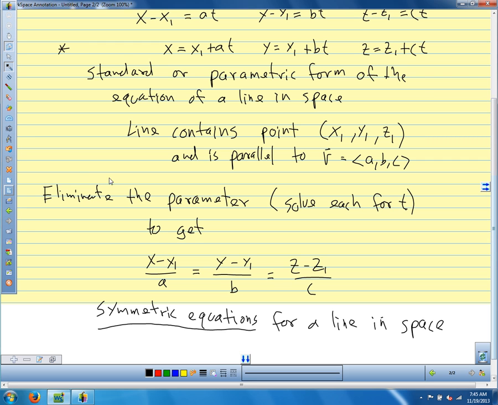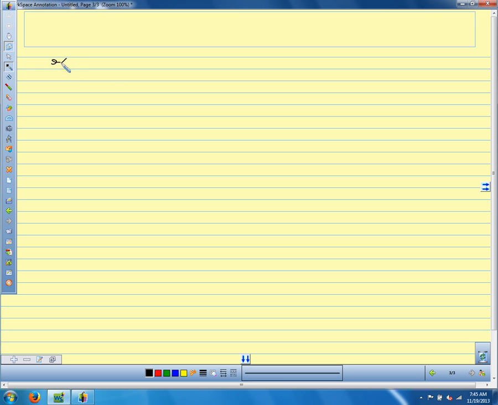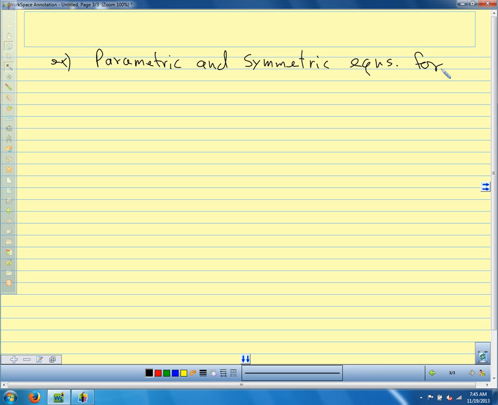All right. So let's say we want to find our parametric equations, and we'll do both sets, and symmetric. For our line through, we'll start with an easy one.